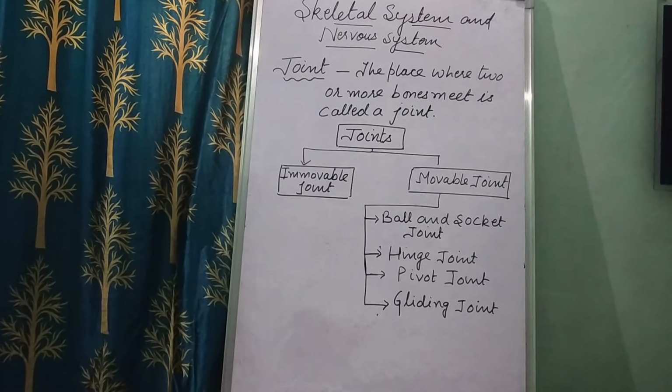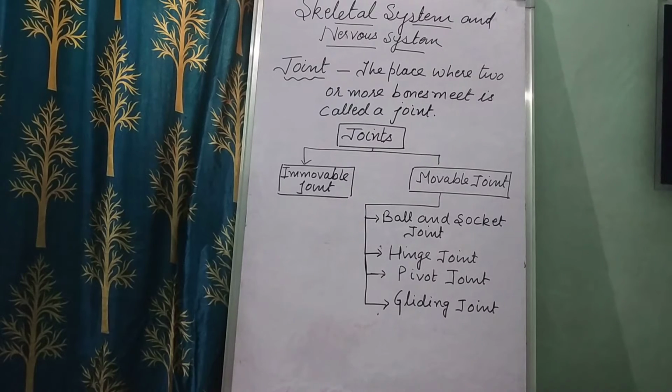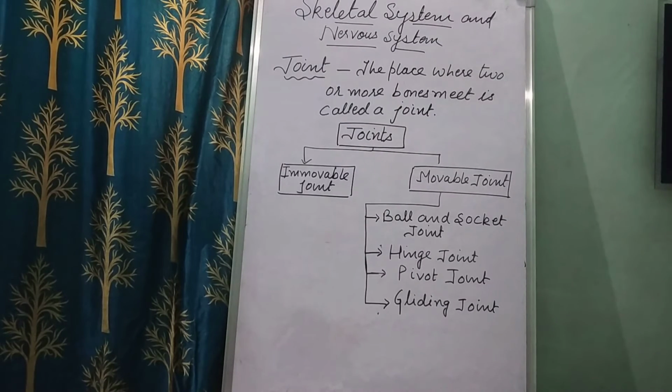Okay, so then we move on to the movable joint. There are mainly four types of movable joint. So children, what is a movable joint? It is basically a joint that allows the movement of different body parts.